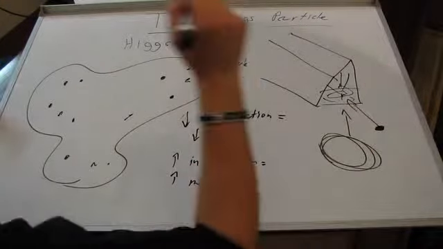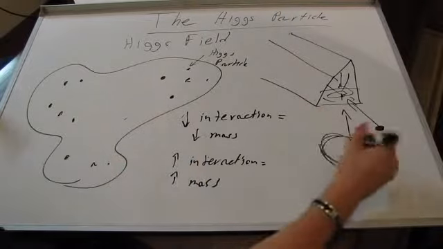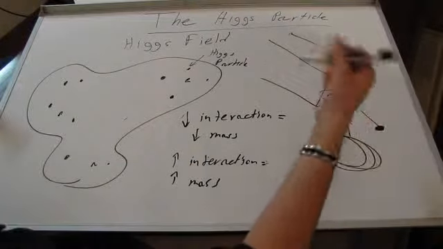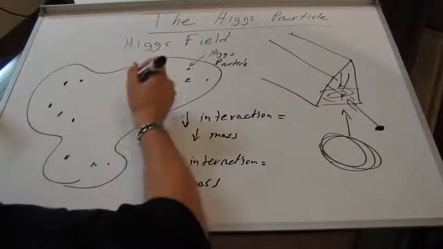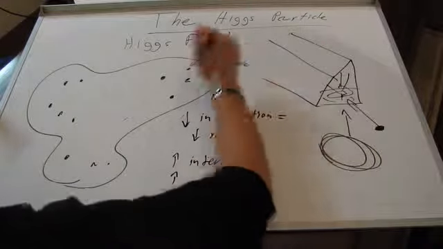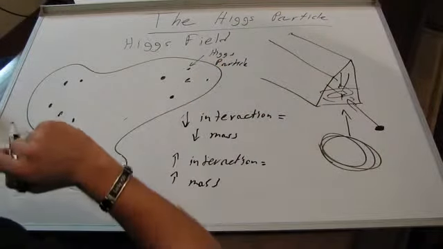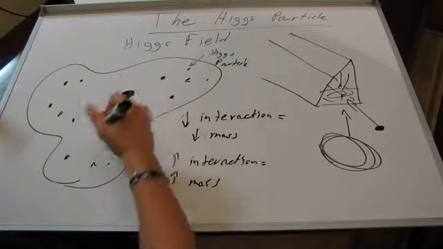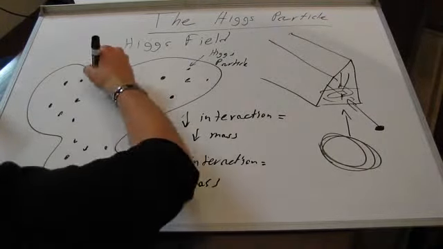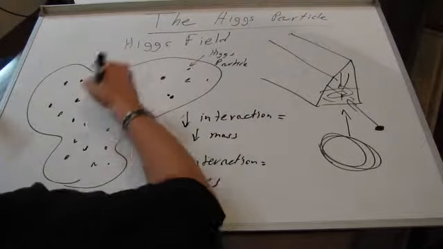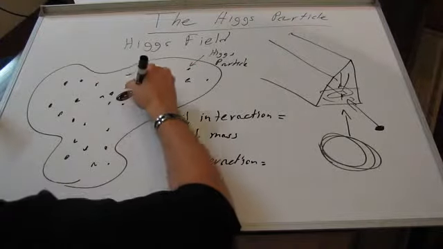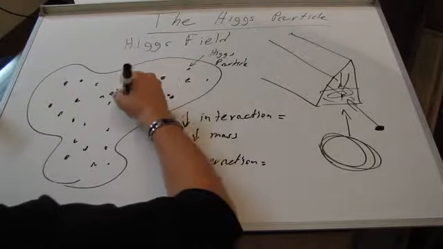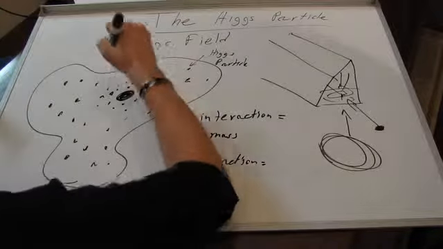Now, to better explain how the basketball and the tennis ball get their masses, we're going to show it in this diagram. Within the Higgs field, we have the Higgs particles. For example, with the tennis ball, we're going to have the Higgs particles roaming around, and a lot of Higgs particles close to the tennis ball to show that it gets mass.